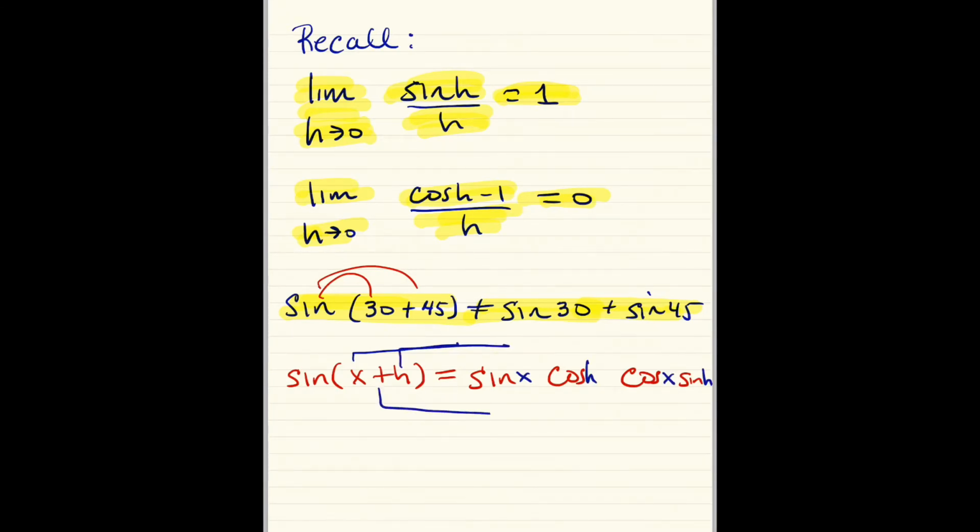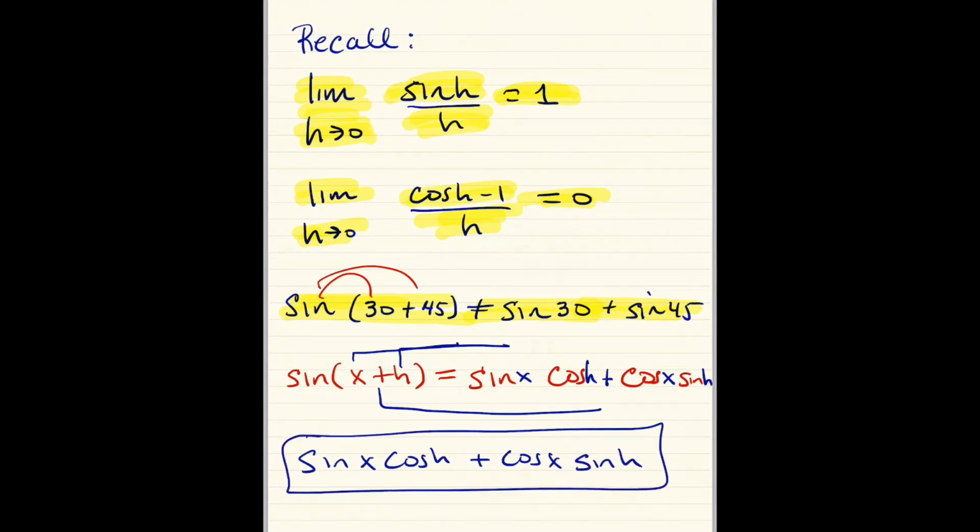So in other words, sine x cosine h plus cosine x sine h. So we're going to need this in order to do the f of x plus h part, okay? You're not allowed to distribute this.